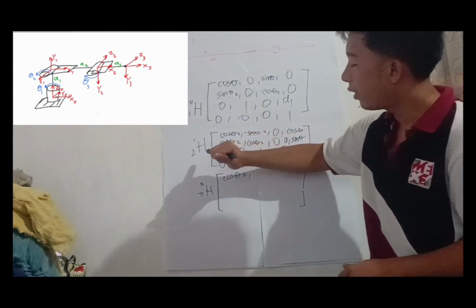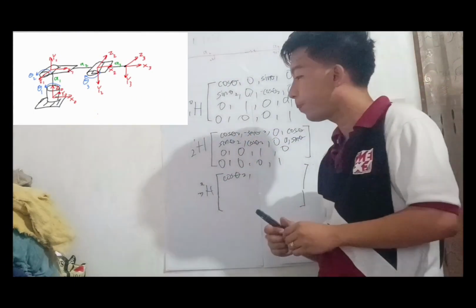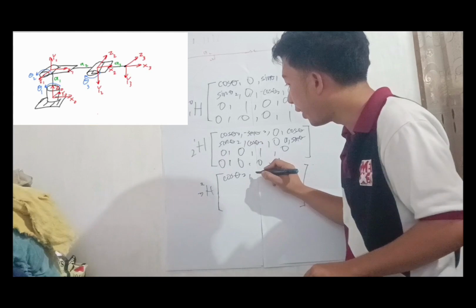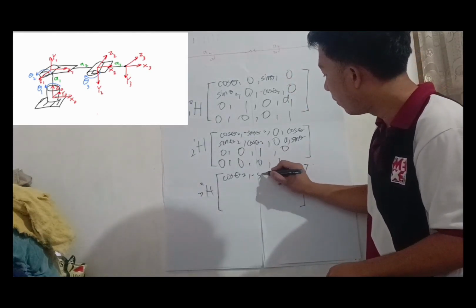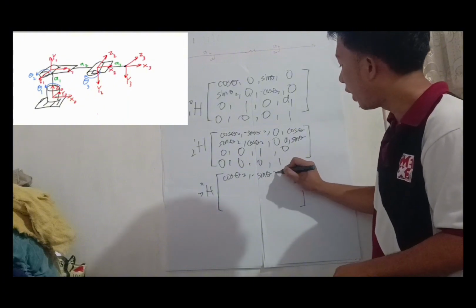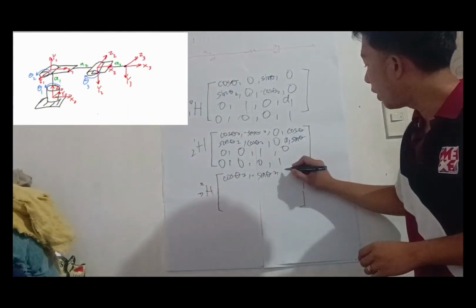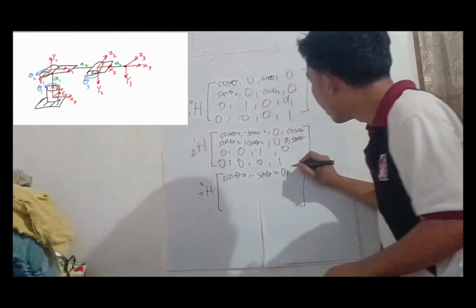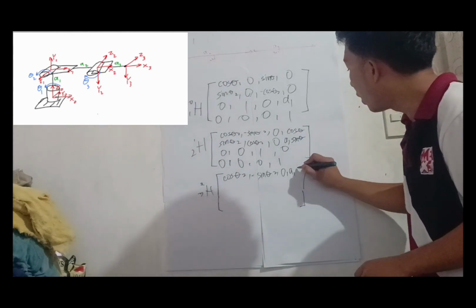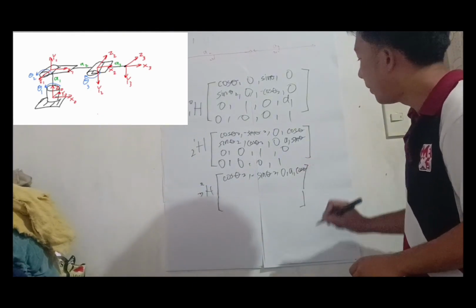For the second angle of H12, there will be negative sin theta 2. And there will be 0. And A2 cosine theta 2.